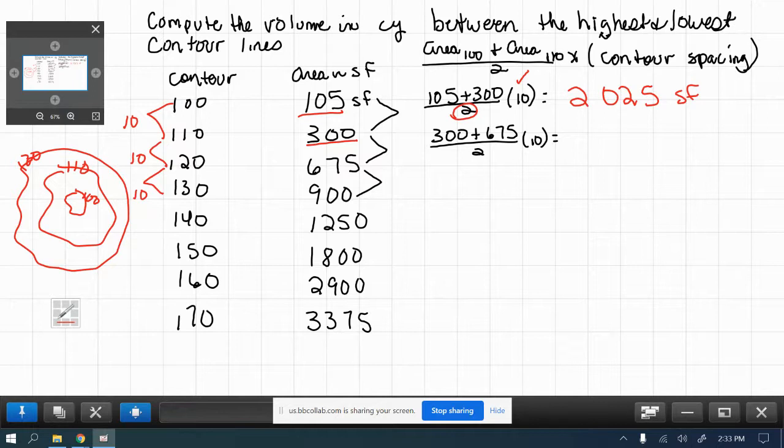It's going to want the volume in cubic yards at the end, so I'm going to wait and just divide it by 27 when I get to the end. So it's 105 plus 300, we take an average, divided by 2 times 10: 2,025. And then I'm going to go to the next two and do 306.75.